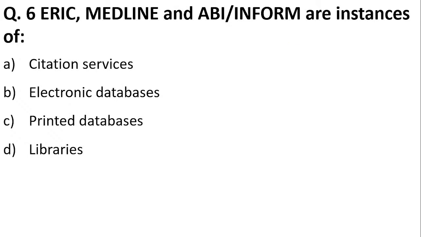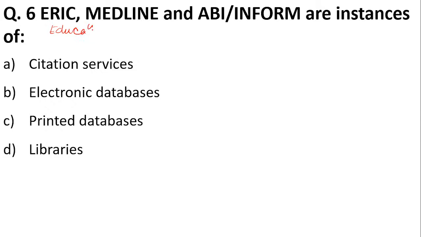ERIC, Medline, ABI Inform are instances of citation services, electronic database, printed database, or libraries. Answer question number 6, students. So here the full form of ERIC is Educational Resources Information Center.